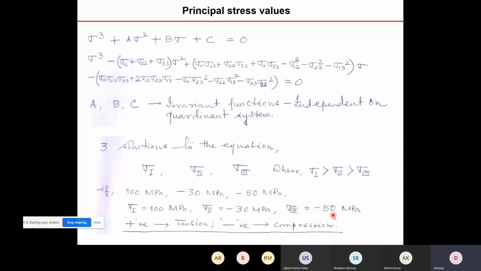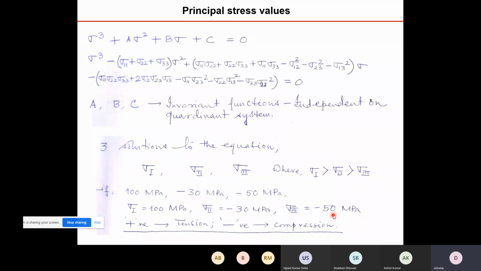So wherever the value is highest, that is sigma Roman 1. Wherever the value is lowest, that is Roman 3. And intermediate is 2. So don't stick to this 1, 2, 3 very strongly. Have your thinking flexible. Minus means compression, plus means tension.